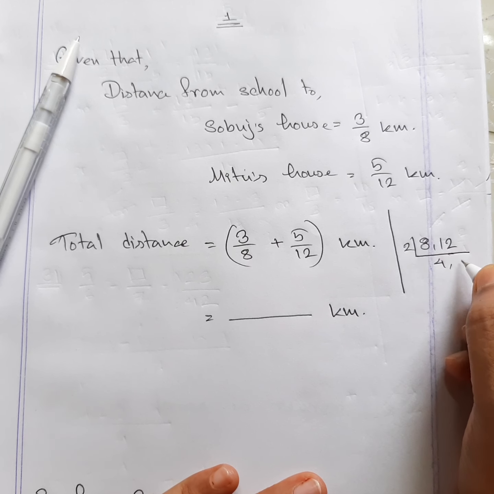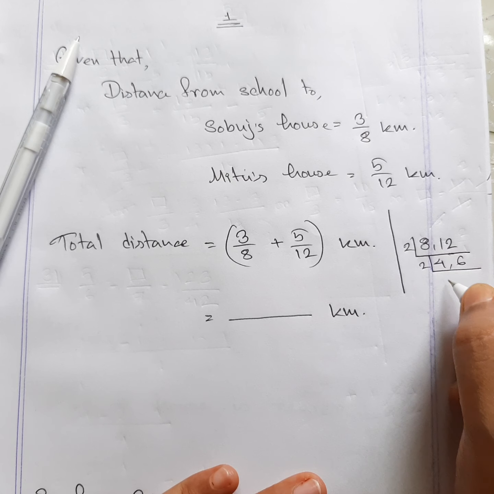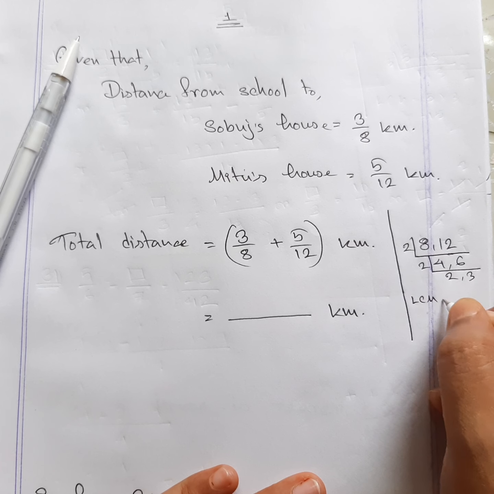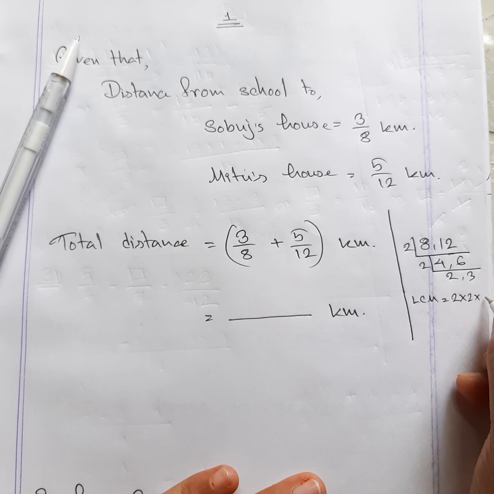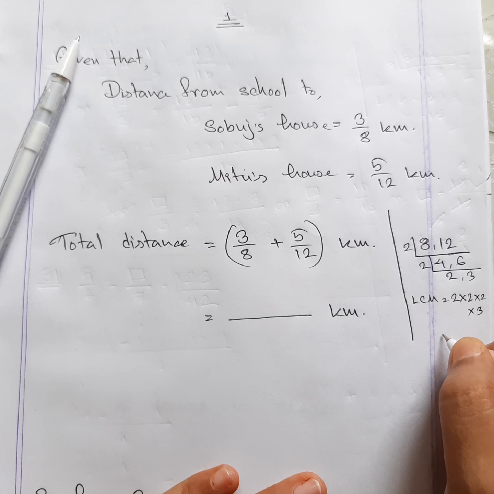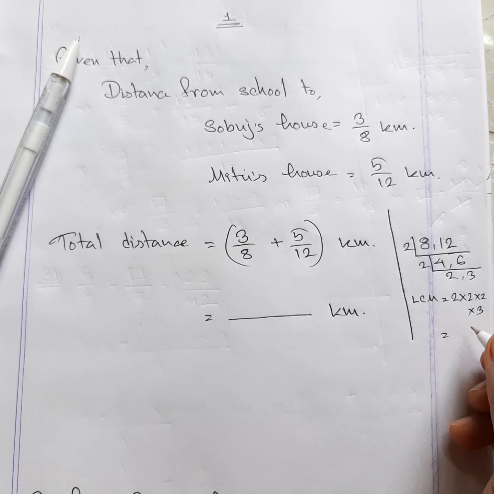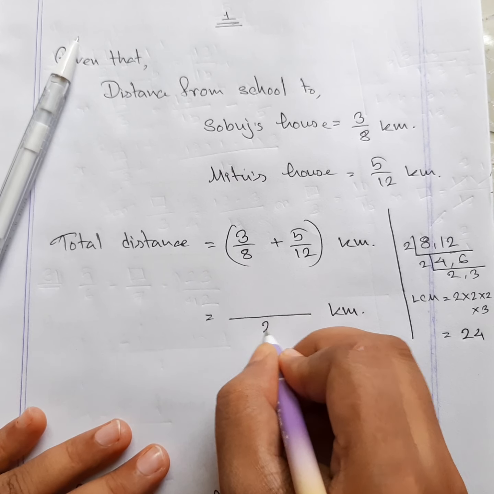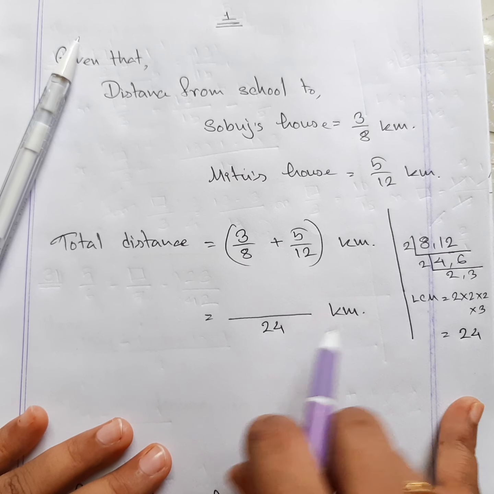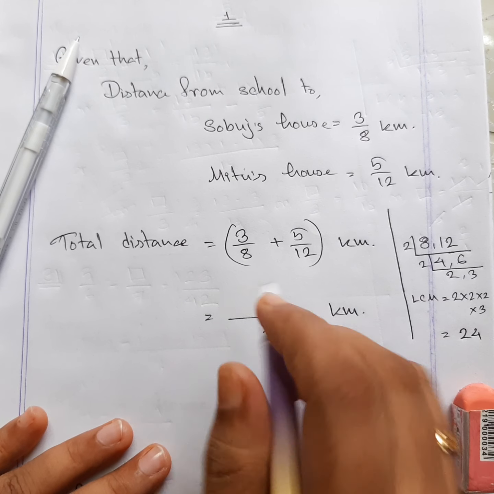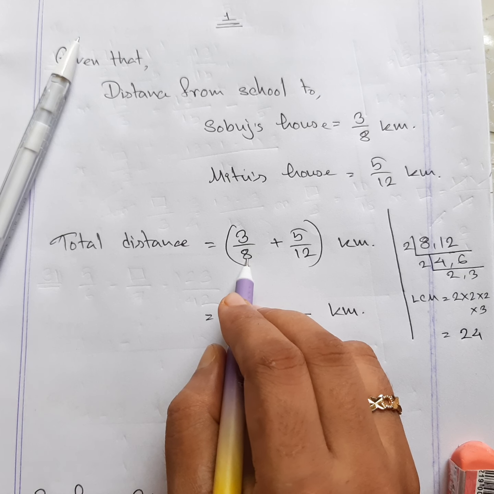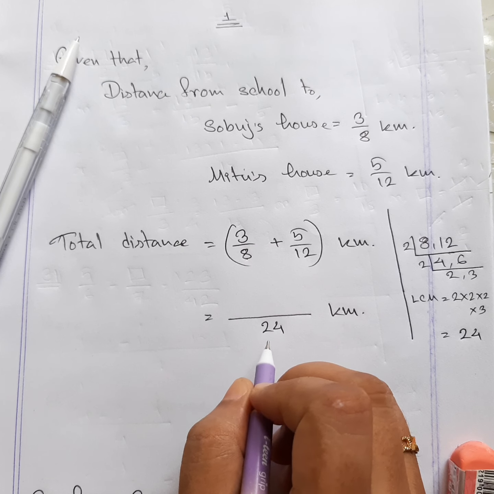Divide 2 and 6, that again goes with 2. Now we cannot go with anything else, so LCM. We just need to find out the answer, 2 into 2 into, okay, then this one is 24. So you're going to write down 24 over here, and divide the LCM with the first denominator, which is 8, and our answer will be 3.